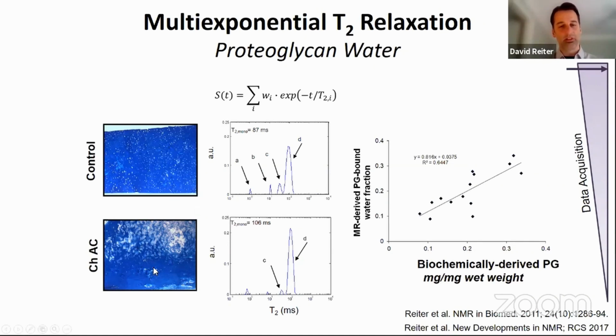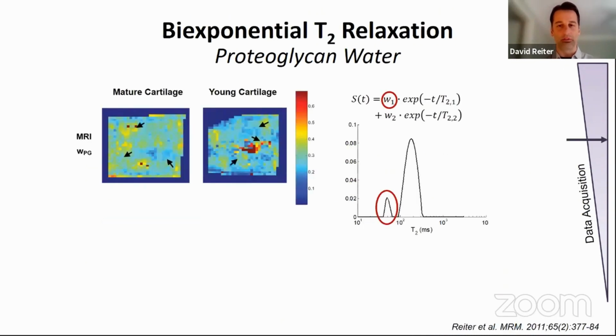And then when we selectively deplete proteoglycan from the cartilage, you can see that some of these structures that we attribute to water interacting with more rigid matrix structures start to diminish. And in fact, if we quantify what we consider to be proteoglycan-associated water pools with biochemically derived proteoglycan content, we get a really good correlation, suggesting that there's value in some of these more sophisticated models.